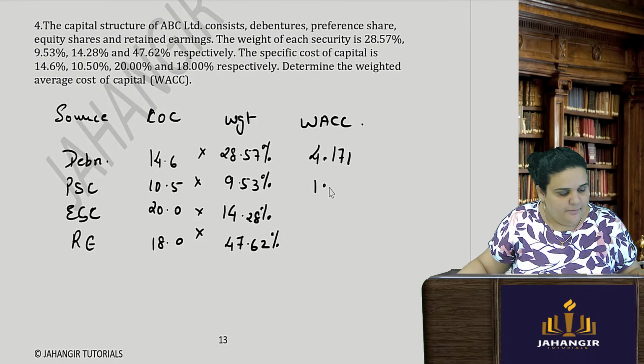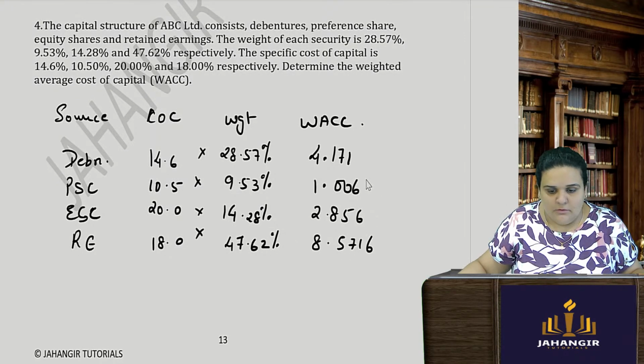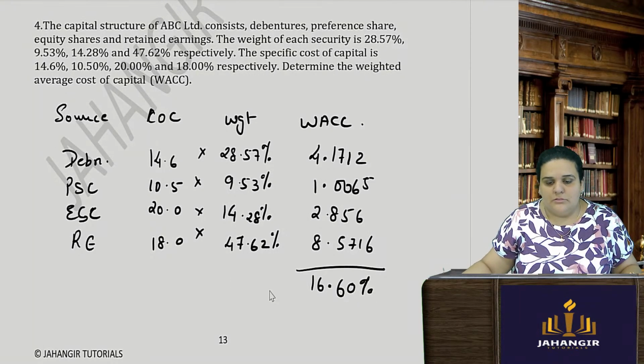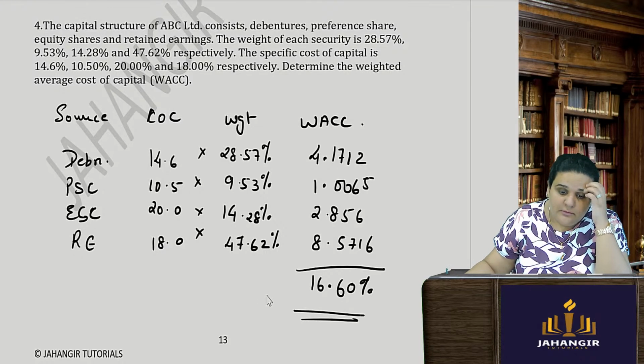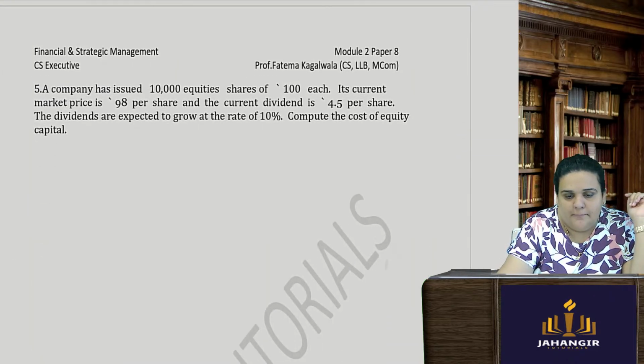Then you will have 1.006, then 2.856, 8.571. Okay, so this is how I am getting the answers. So the weighted average cost of capital, to the closest decimals, is 16.60. Number 4 is also solved.